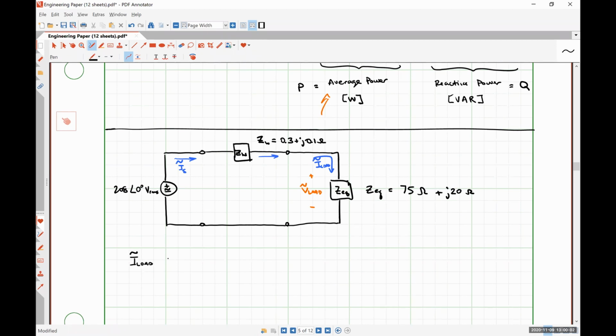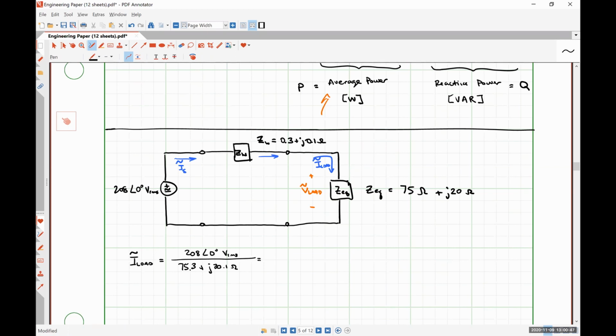This is one of numerous ways, but I believe the suggestion is that since we have a single loop circuit, we can really just figure out I load using Ohm's law, right? So we have our source voltage, 208 angle 0 degrees volts RMS, and we would divide that by what? Right, the equivalent impedance of everything seen by our transformer. That's simply the wire impedance in series with the home impedance, which would be 75.3 plus j20.1 ohms.